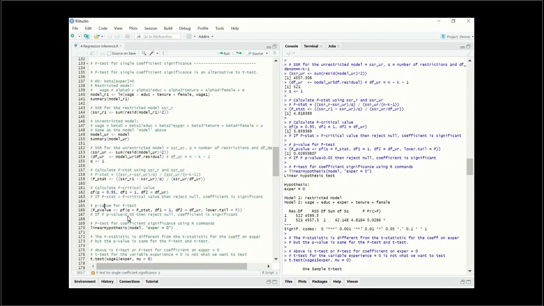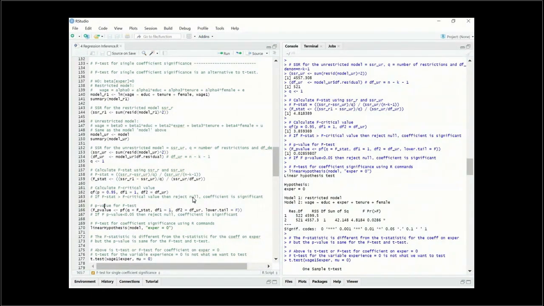We can also calculate the p-value for the F test, and the way to do that is we're using pf for the F test. Here we need to give it the F statistic we just calculated above. Degrees of freedom for the numerator, we have 1 degree of freedom because we have 1 restriction. That's our Q. And that's basically the same as this denominator here.